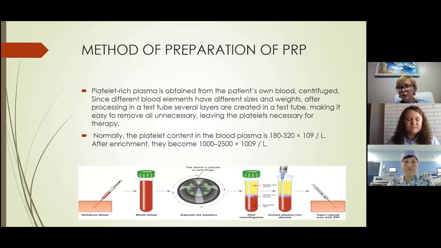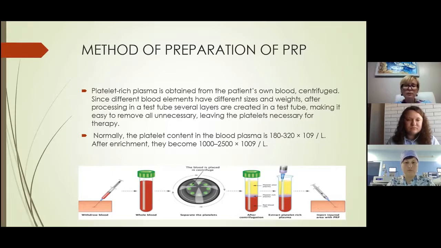The main idea of this technique is isolation of a specific fraction of blood. We take blood of patients. We do centrifugation of this blood several times, and the blood divides into two fractions, red part and white part. Then we take some amount of this portion, and in this portion we have a very high concentration of specific platelets.